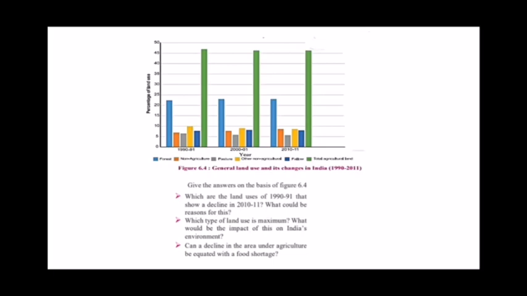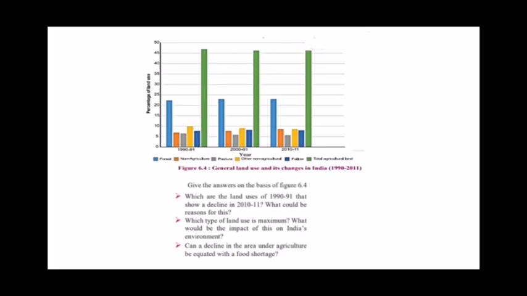Now what might be the reason? It is because urbanization has occurred. As you know, after industrialization, cities have grown. So because cities have grown, the agricultural land has reduced.